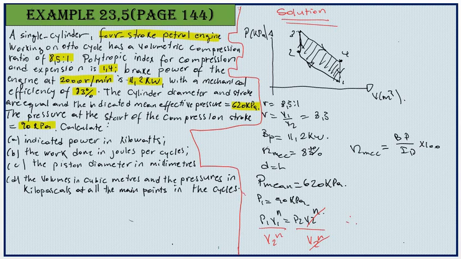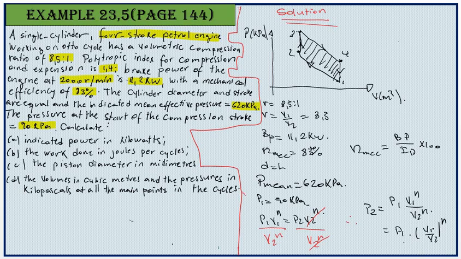So P2 is equal to the expression on the left hand side, P1 V1 to the n over V2 to the n. I can write this expression as P1 multiplied by V1 over V2 to the power of n.